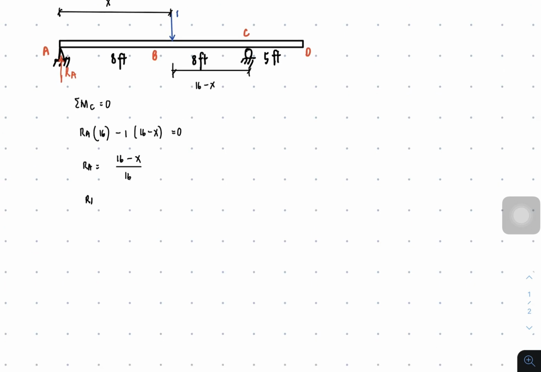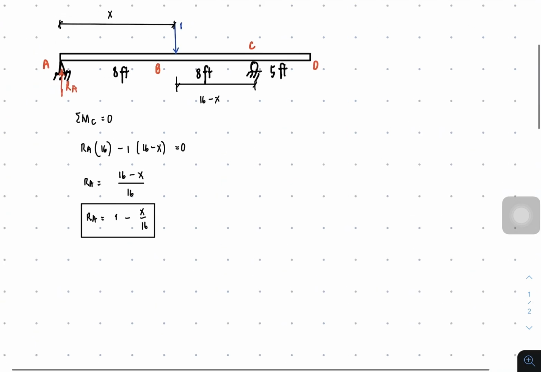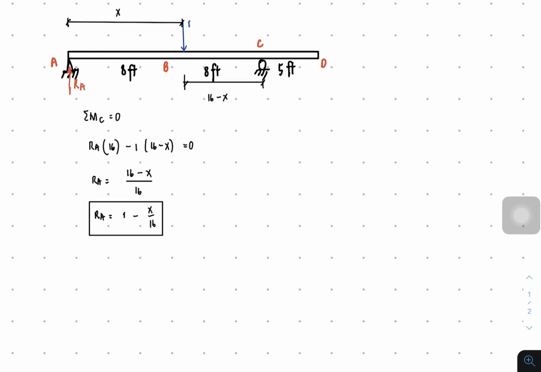So simplifying, it's actually just 1 minus X over 16. Okay, so this is our equation of RA, for we'd be able to plot now the values of RA whenever the 1 unit load is loaded at each load point A, B, C, and D.